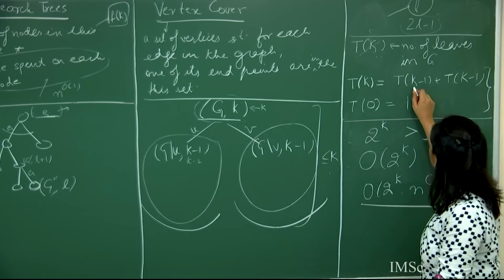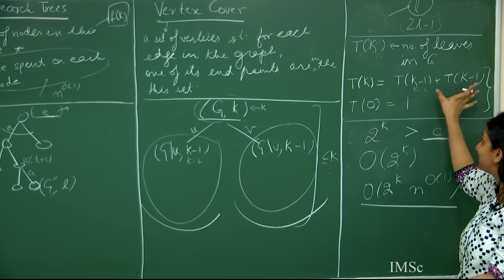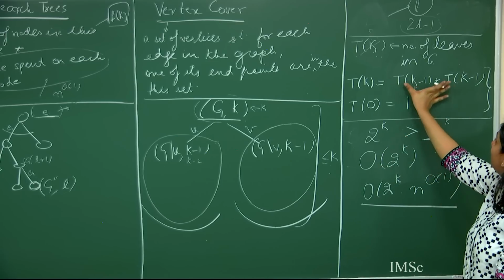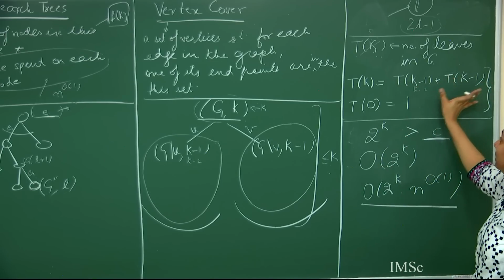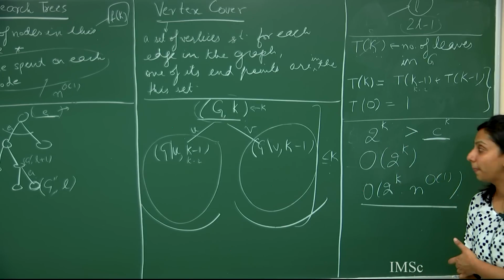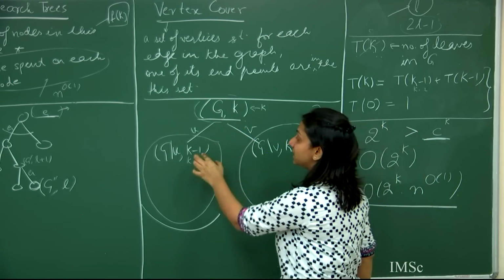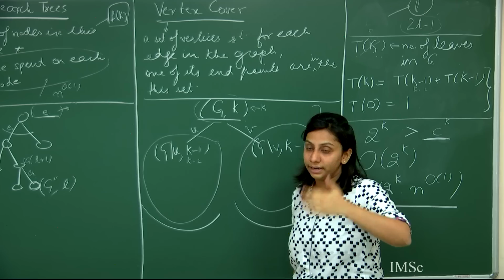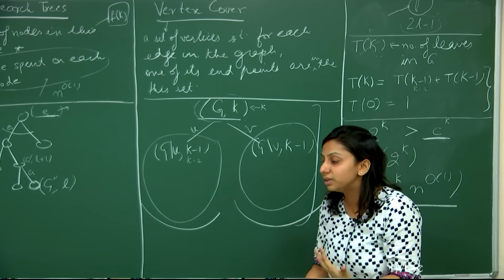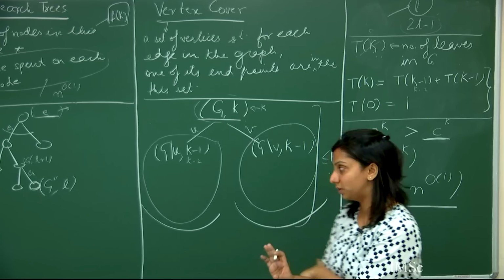Then the recurrence will be T(k) = T(k minus 2) + T(k minus 1), and this is a better recurrence than T(k minus 1) and T(k minus 1), and hence this will definitely give us something better than 2 power k. This is the aim. To get an FPT algorithm, it was enough that the measure decreases by at least 1, but now we are trying to get an improved algorithm, so we would want the measure to decrease by as much as possible.